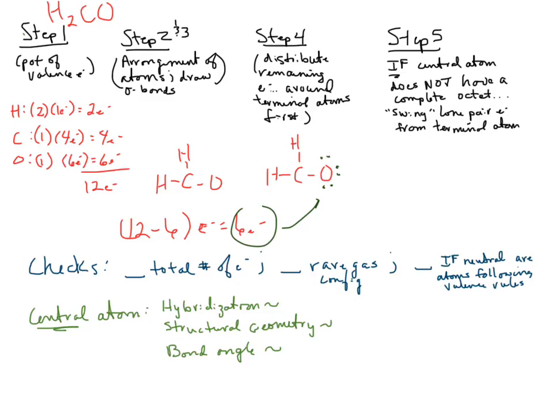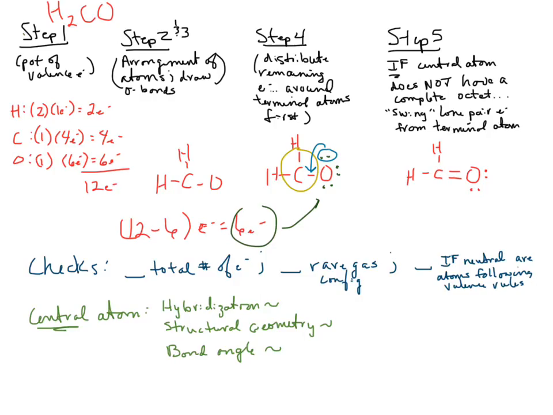This is what we did with formate. Never mind, I have something wrong. Boron can have 6, and if that was boron, we'd stop now. But we have to swing one of those lone pairs in and make a pi bond, a secondary bond. It doesn't matter which one you swing. Those 2 electrons came in to make a secondary bond, and the oxygen still has joint custody because it needs to be at 8.